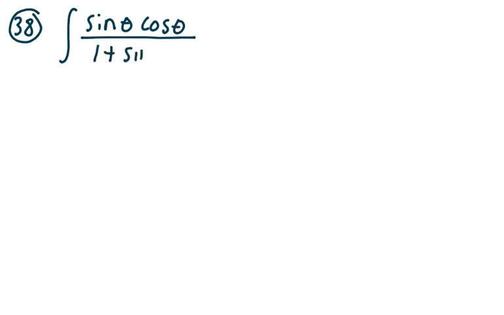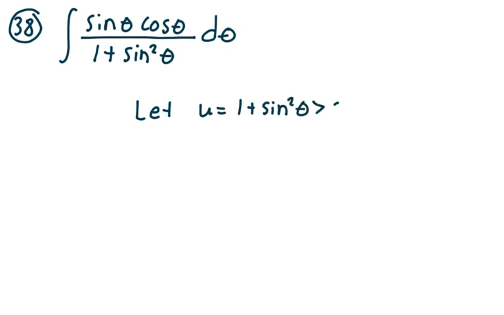On problem number 38, we have the integral of sine theta cosine theta divided by 1 plus sine squared theta d theta. This one's really good. So I'm going to let u be equal to 1 plus sine squared theta, which, by the way, is always positive, okay?